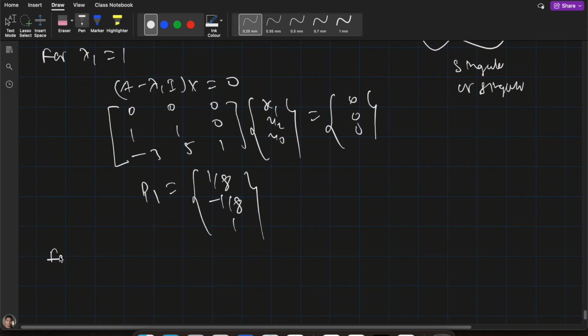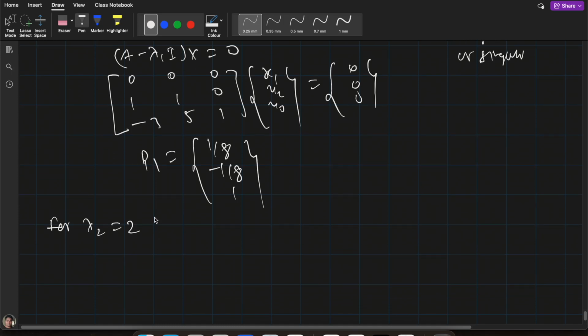Now for lambda 2 equal to 2, the idea is you have only two distinct eigenvalues, which means that you will only get two eigenvectors. But here there is a catch.